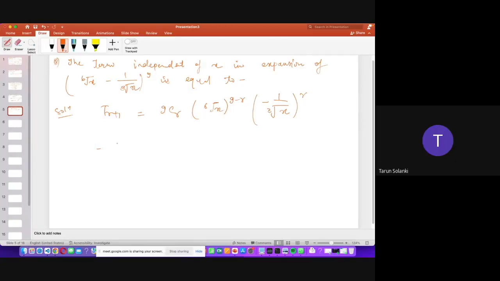So we can write 9Cr (minus 1) to the power r into x to the power (9 minus r) by 6 minus r by 3, so that equals 9Cr into x to the power (9 minus 3r) by 6. Now we can see 9 minus 3r is equal to 0, so r is equal to 3, so the term is minus 9C3.